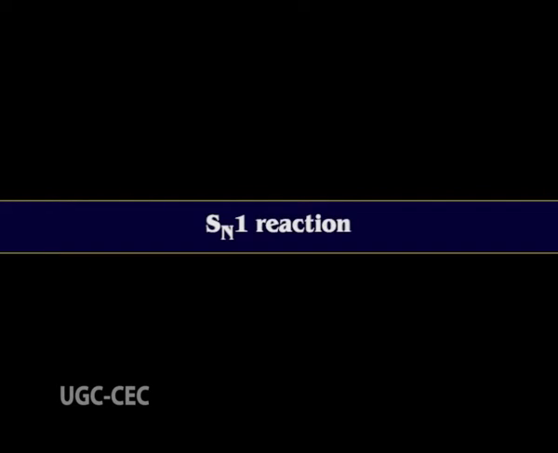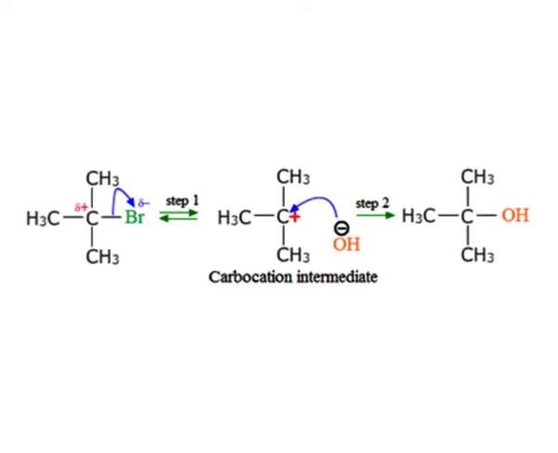Now, SN1 reactions. The abbreviation SN1 here stands for substitution nucleophilic unimolecular, and these reactions are characterized by, number 1, a first order kinetics, number 2, a two-step mechanism in which the leaving group is released first in a reversible slow process generating a carbocation intermediate.